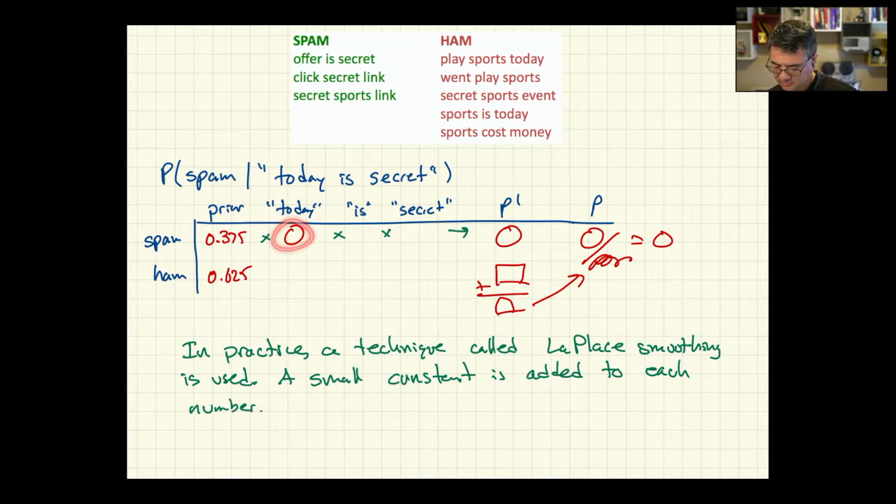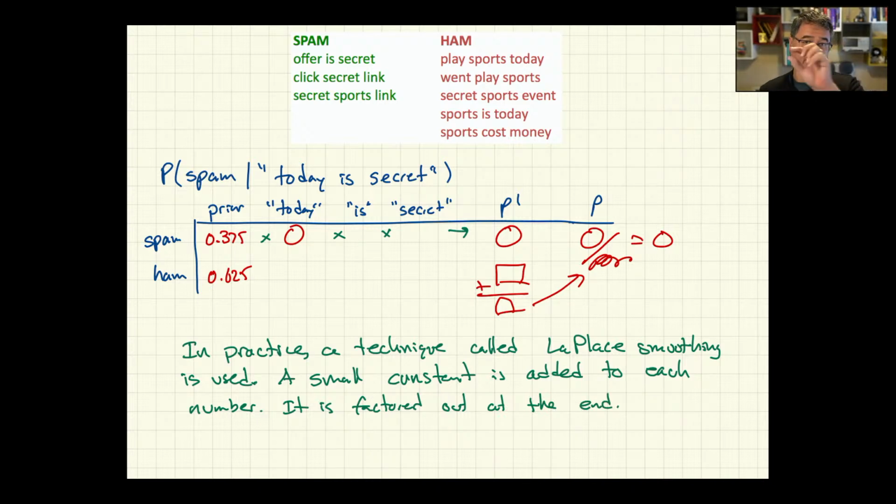That way, none of these numbers that you put in here are ever 0. They're always going to be at least some very small positive number. So that when you multiply them across, you don't end up with 0, ever. You end up with potentially a very small number. But then you factor out that number when you're done at the end. So you add a small constant to all the numbers, and then you factor that number out when you're done with your calculation. And that way you never end up with exactly 0.